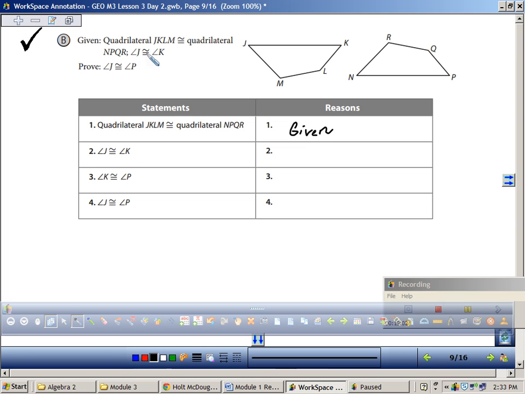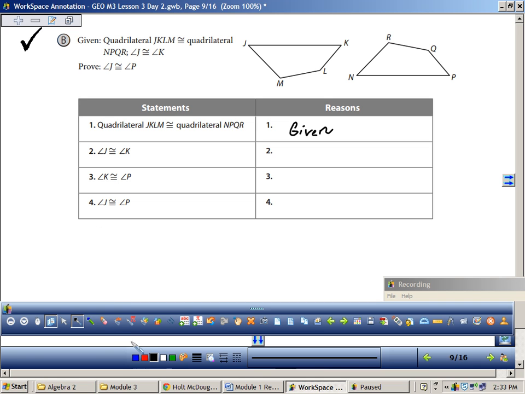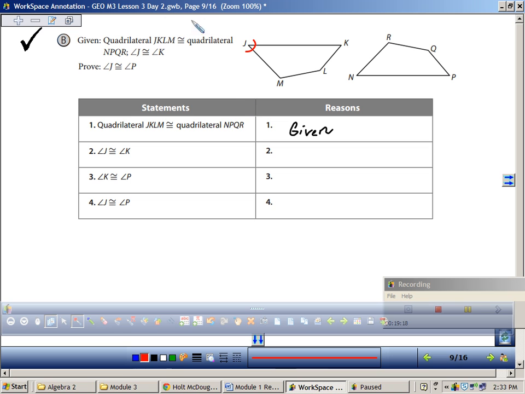There's another given here, though. They also told me that J is congruent with K. First of all, because they just told me that these two quadrilaterals are congruent, what is J congruent with? Here's J. What's J congruent with? Right here. N. This is the first one.